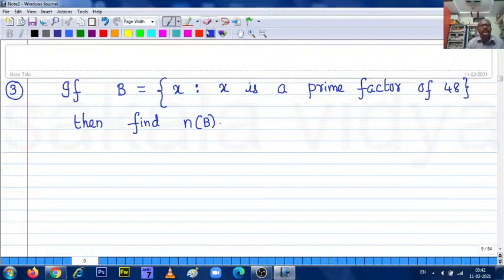So first, read the question. Set B is equal to x such that x is a prime factor of 48. So this is given in set builder form.